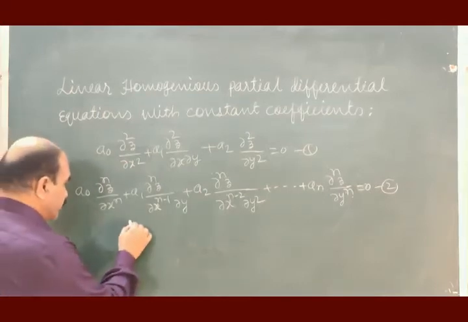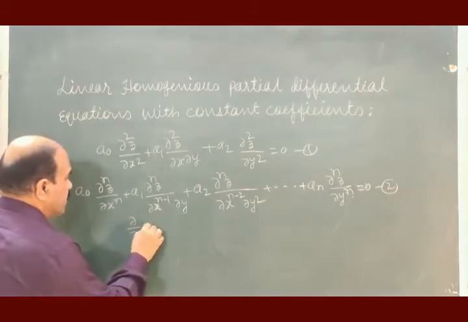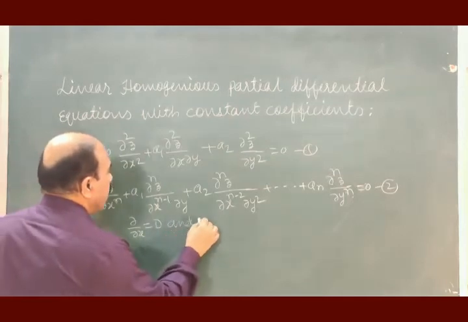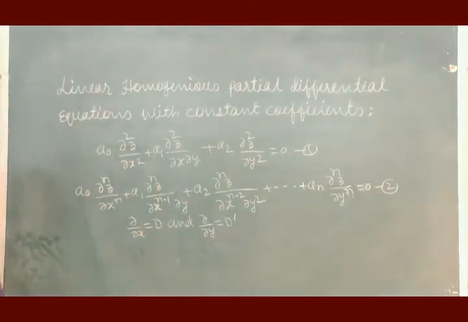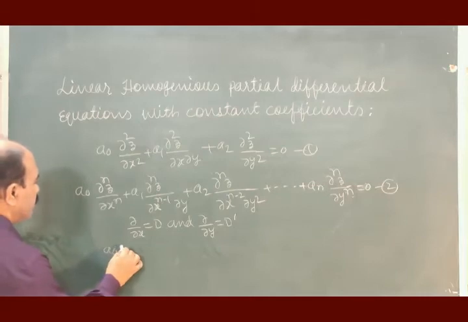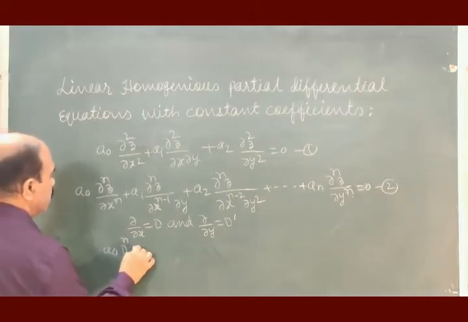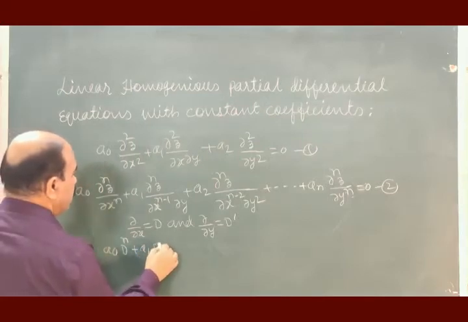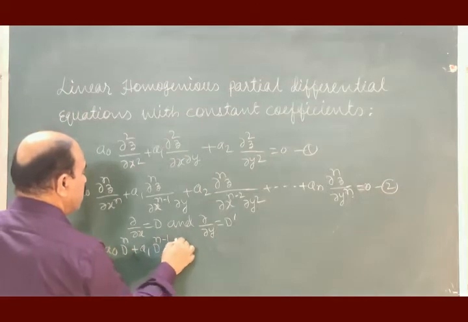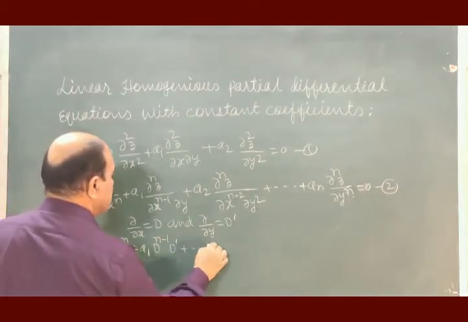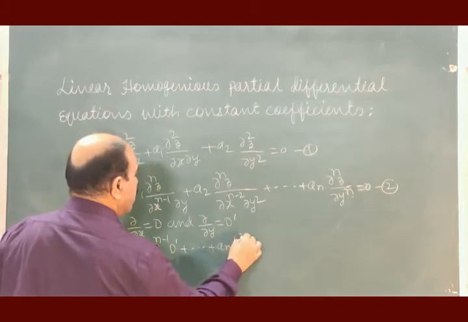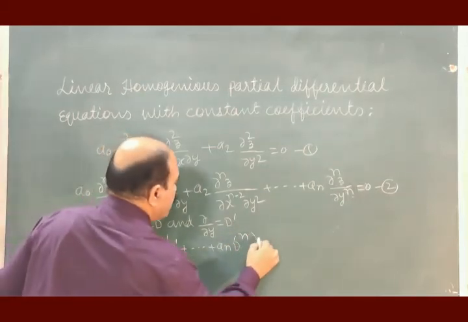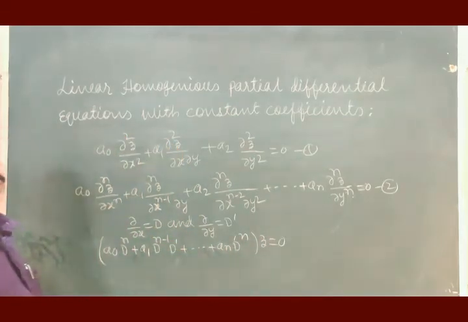If we put ∂/∂x equal to D and ∂/∂y equal to D', equation 2 can be written as (a0 Dⁿ + a1 Dⁿ⁻¹ D' + ... + an D'ⁿ) z = 0.